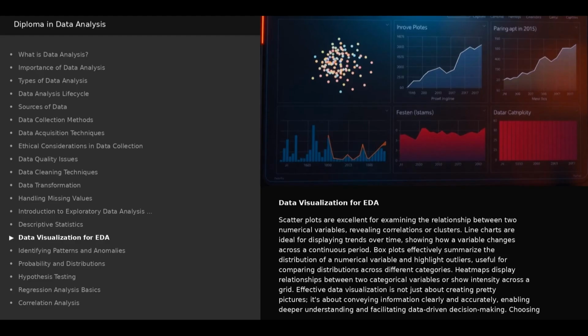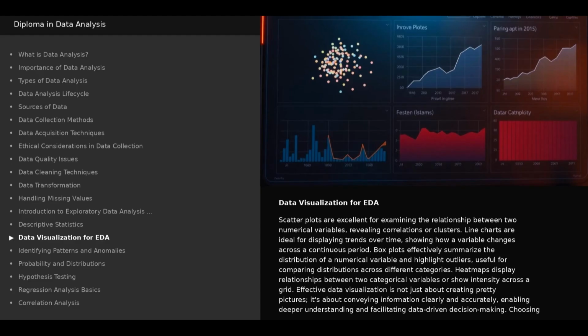Heat maps display relationships between two categorical variables or show intensity across a grid. Effective data visualization is not just about creating pretty pictures. It's about conveying information clearly and accurately, enabling deeper understanding and facilitating data-driven decision-making.